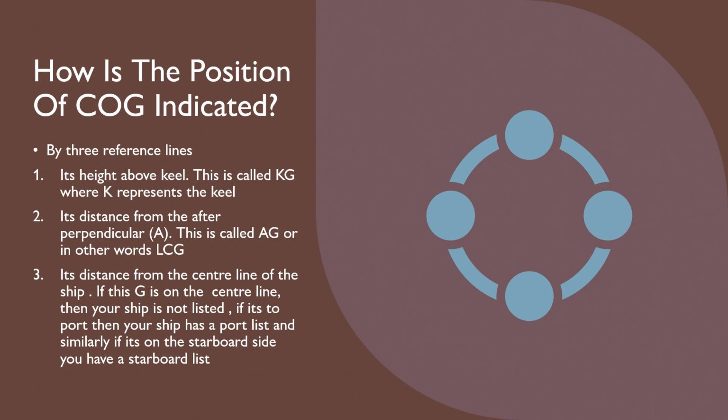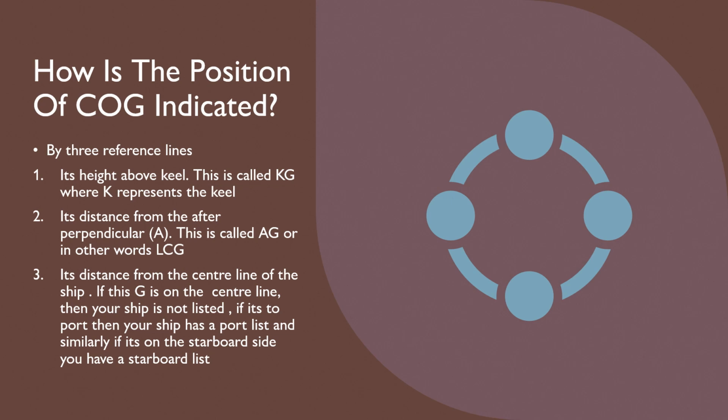Now, if you have to take the position of G from the after perpendicular, then this is called AG, or in other words, the longitudinal center of gravity. And what if it is from your center line, which means to your port or starboard? If it's right at your center line, you're not going to be listed.